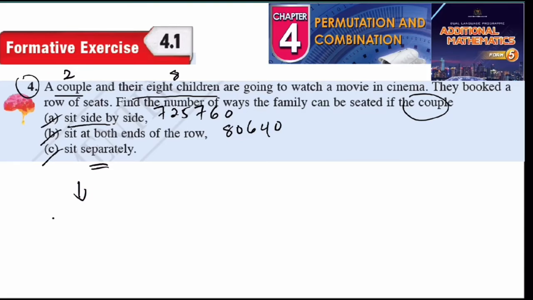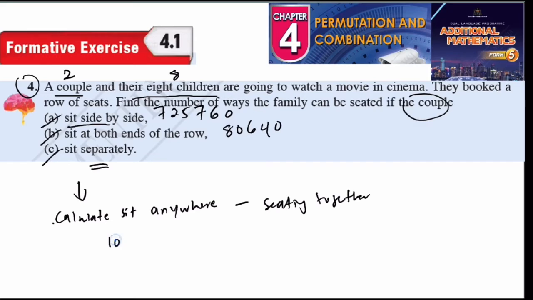That means we are going to arrange 10, because a couple consists of 2 persons. Father and mother can sit anywhere they like, they don't have to be together. The parents and the children can sit anywhere they like. Out of the 10 persons, they have the choice of the 10 seats.